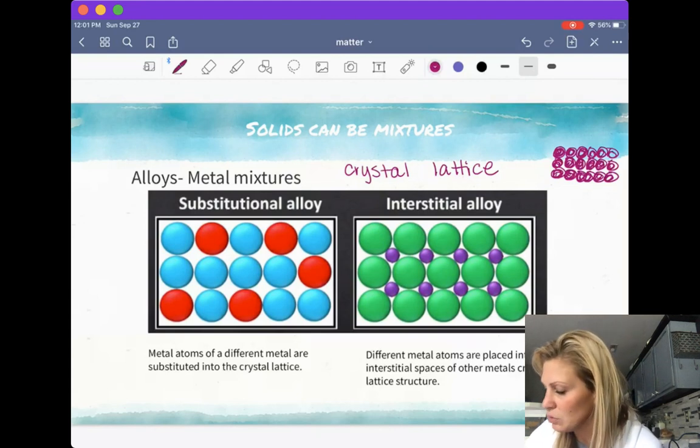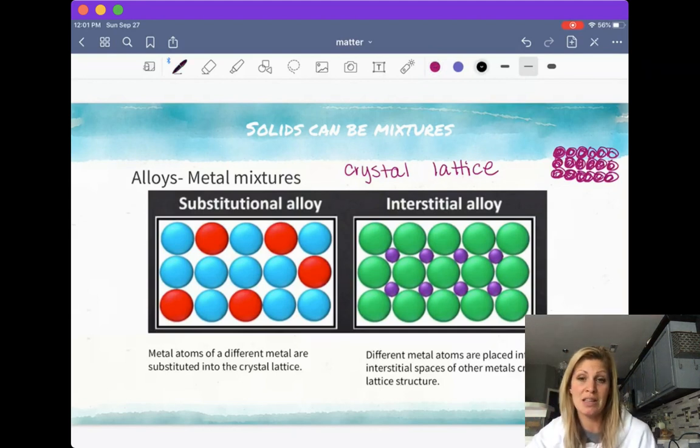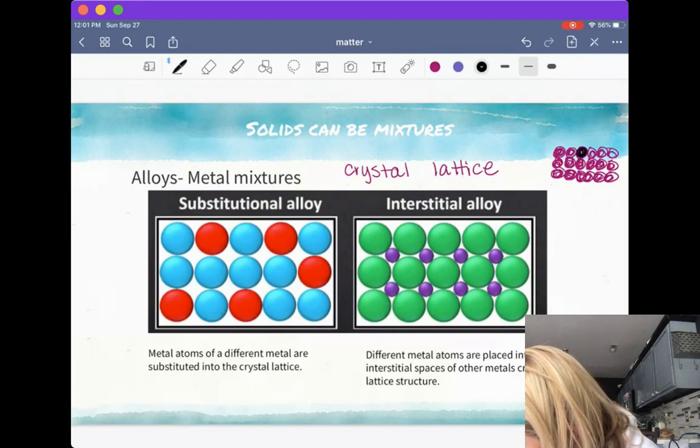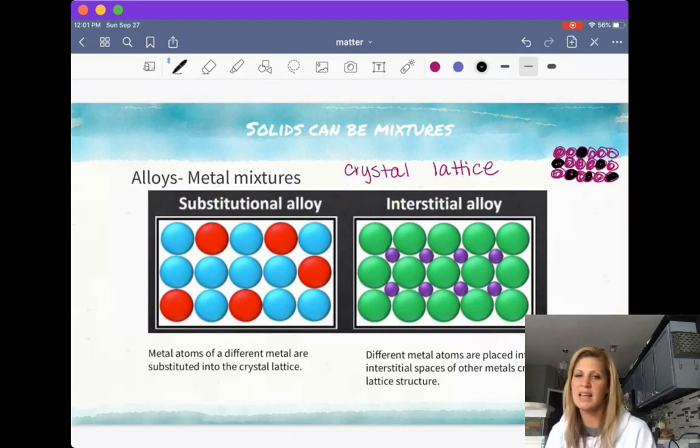So let's go back to our copper up here, and let's say I'm going to substitute some of these copper atoms for zinc. So I'm going to take this. This is now going to be zinc, zinc, zinc, zinc, zinc, zinc. Okay? This right here would be a substitutional alloy. Think of things like brass or bronze. All right? That's how we make them.